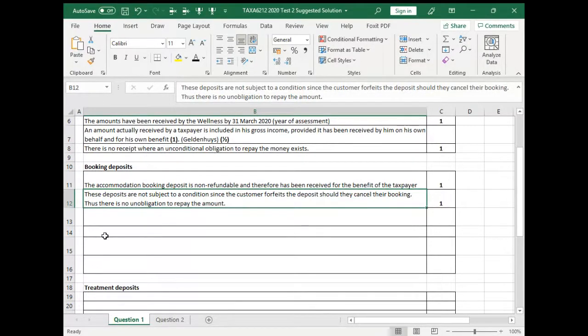Thus, there's also no obligation to repay the amount. Okay, so that links into your Geldenhuys fact that there needs to be an unconditional obligation. So there's no obligation to repay this amount because they forfeit it should they cancel.